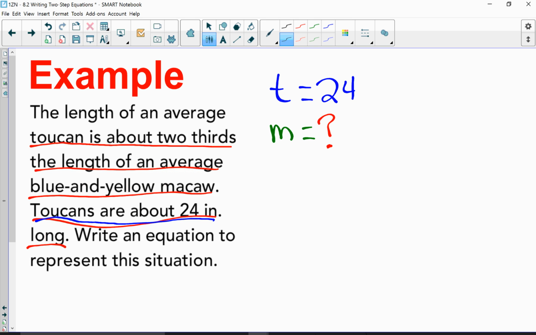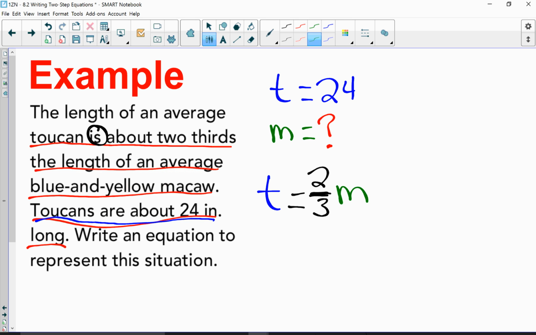We actually are given some other information here at the very beginning. It says the length of an average toucan is about 2/3 the length of the average blue and yellow macaw. So we'll start with the toucan. The word "is" in word problems usually means equals. And toucans are about 2/3 the length of the average blue and yellow macaw.